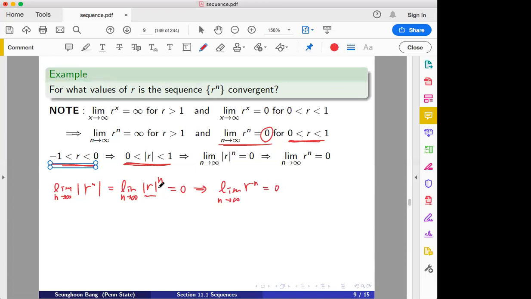But one more thing, you can use an example. This is very helpful. One example is the limit as n approaches infinity of minus 1 over 2 to the power n. What is the answer?